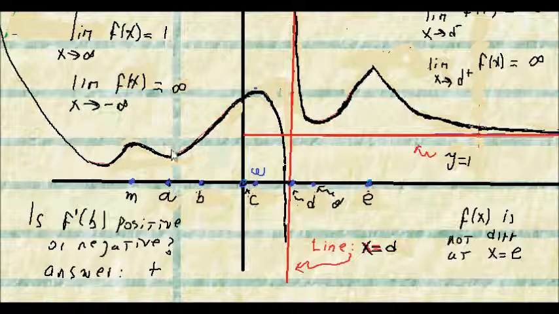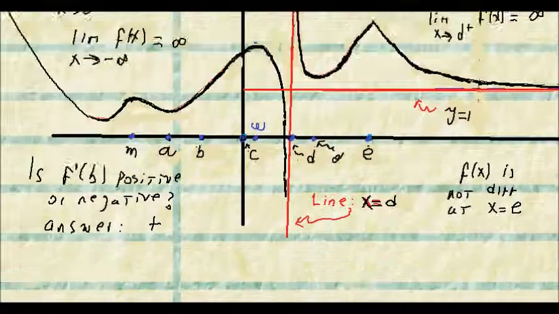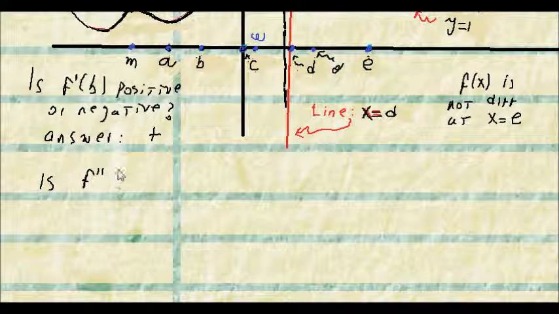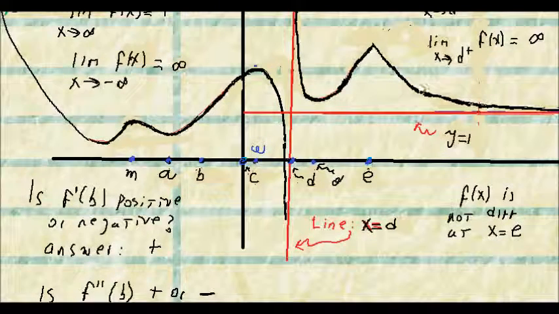Now let's see what's going to happen over here. Look at this stuff here. It looks like it's concave up. Question: is f double prime of b positive or negative? Well, look at this stuff over here.